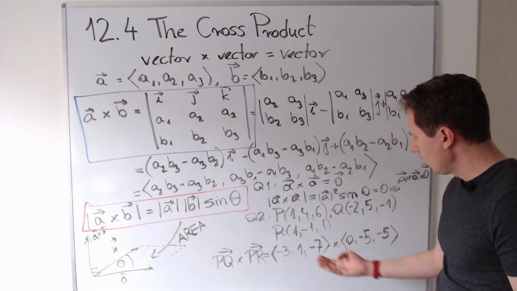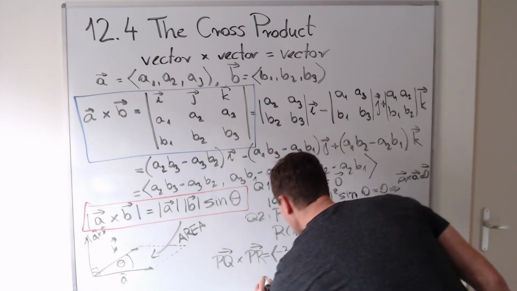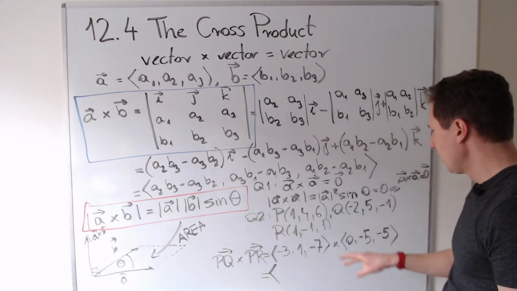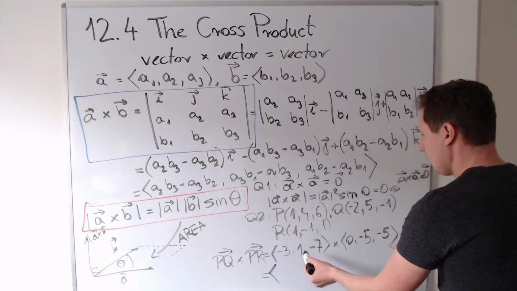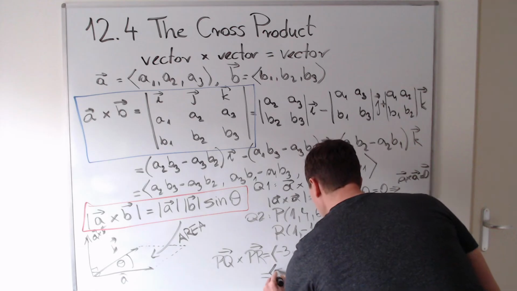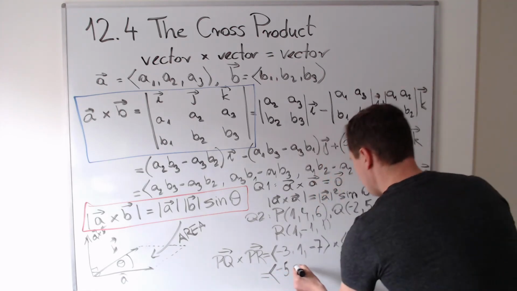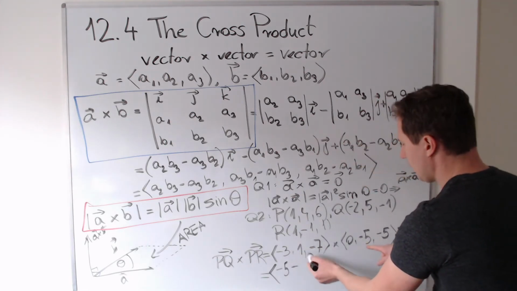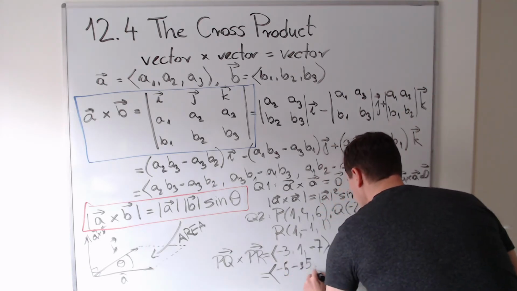So with these components, now I can go ahead and simply compute the components of the cross product. For the first component, I will get 1 times -5, that's -5, minus -5 times -7, so that's plus 35, which is getting subtracted.